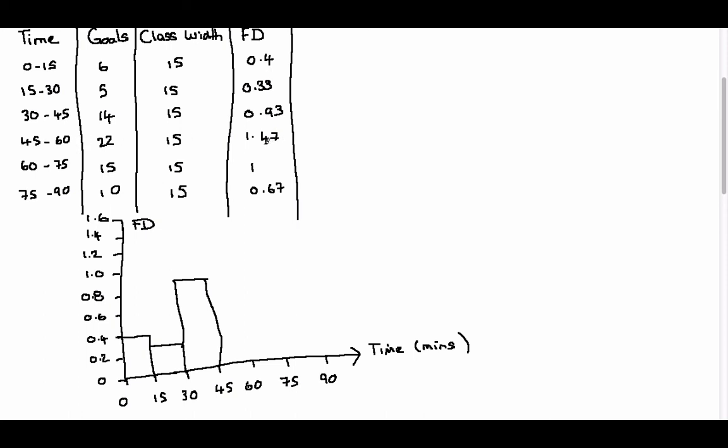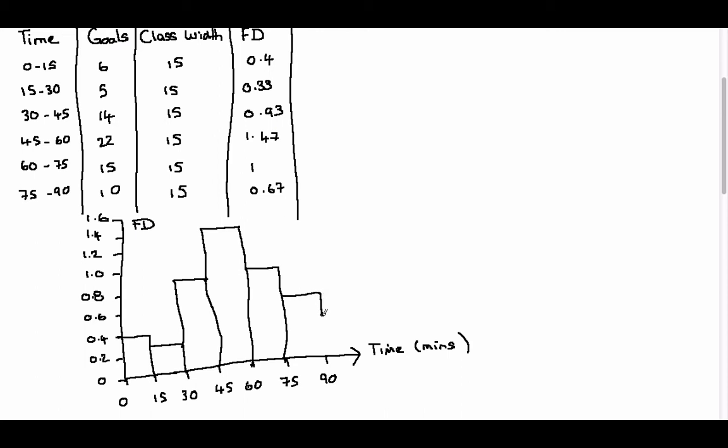45 to 60, we have frequency density of 1.47, so that's about here. For 60 to 75, we have a frequency density of 1. And finally, for 75 to 90, we have a frequency density of 0.67.